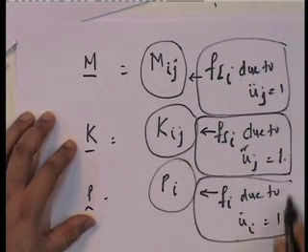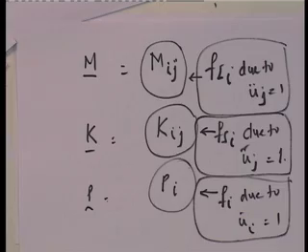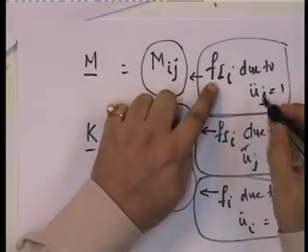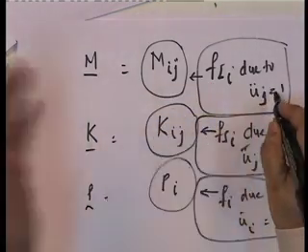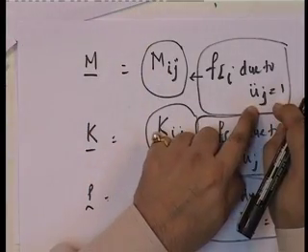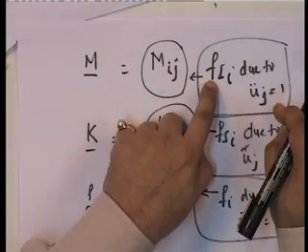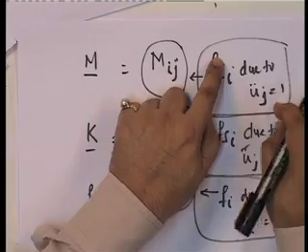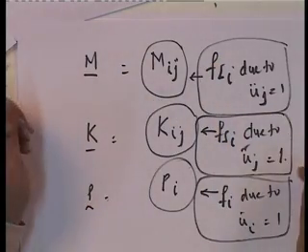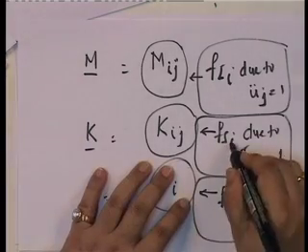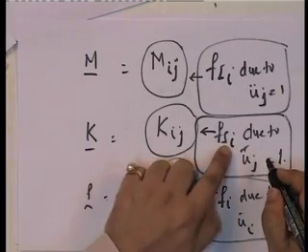So, ultimately this is what the problem boils down to, and once we find out each one of these, how do I find this out? Well, I give a unit acceleration. See, the whole thing becomes a very simple problem. Give a unit acceleration, and how do I find out M i j? Well, give a virtual displacement corresponding to i and find out all the work done by the inertial force, and I have got it. Similarly, how do I find K i j?